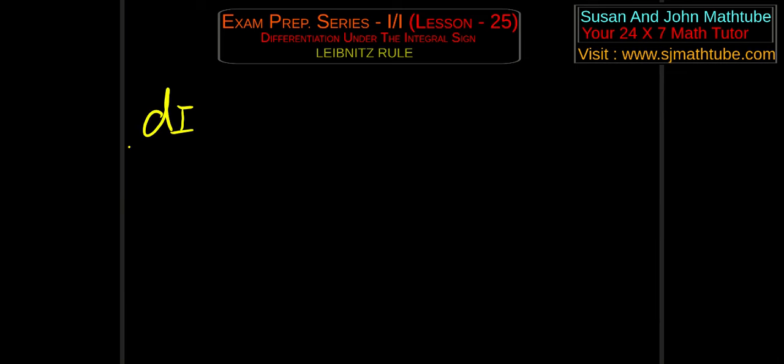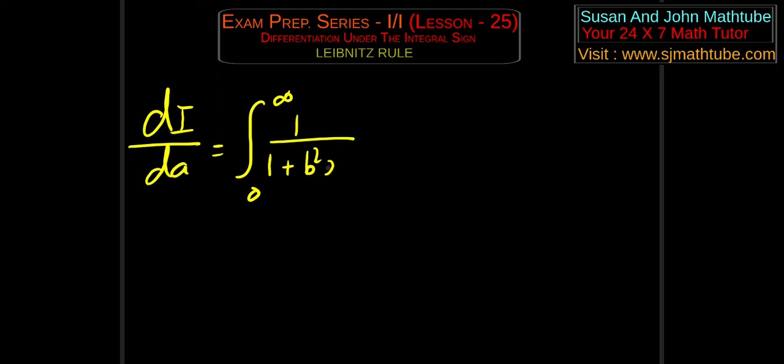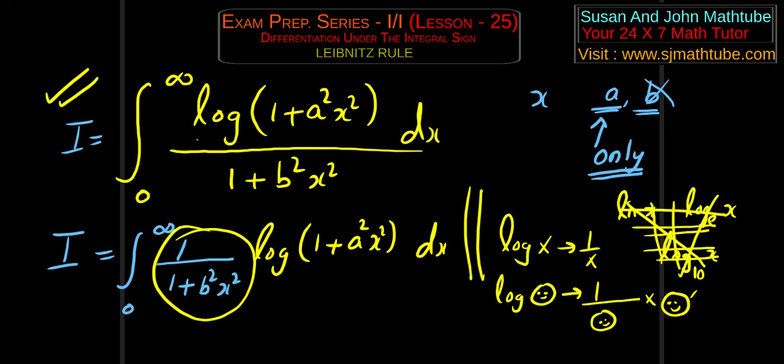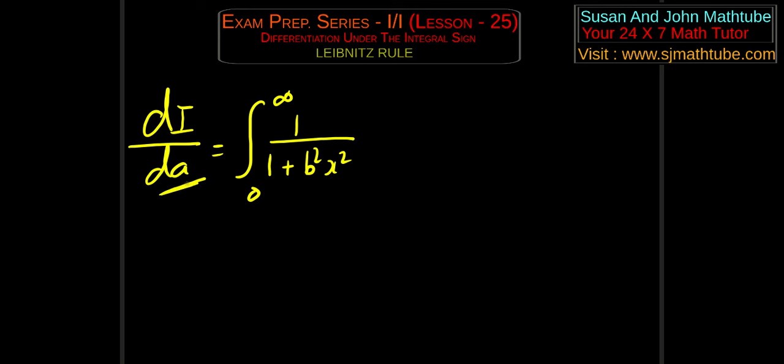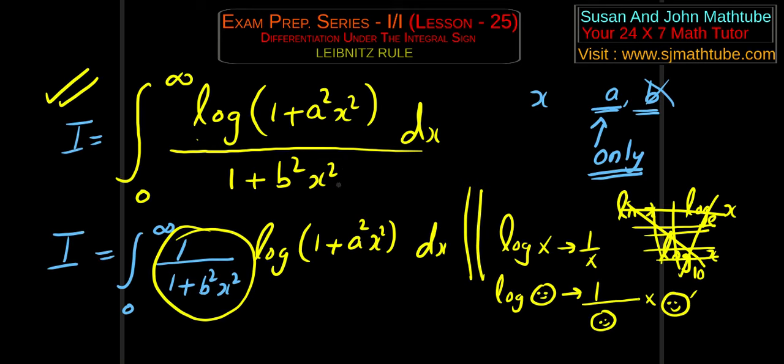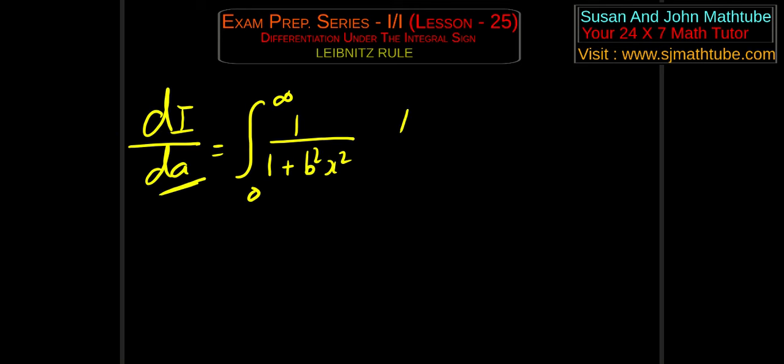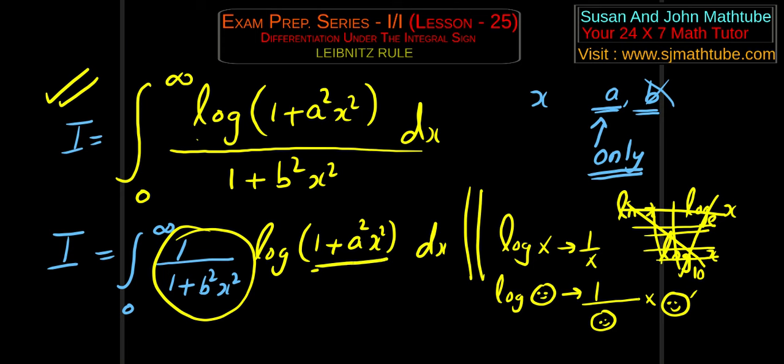So, I get dI by da is equal to integral 0 to infinity 1 by 1 plus b square x square. I can write up to this because this is a constant. I am differentiating with respect to a. So, log of something gives 1 by the same thing times the derivative of this part. And please don't forget, a is our hero.